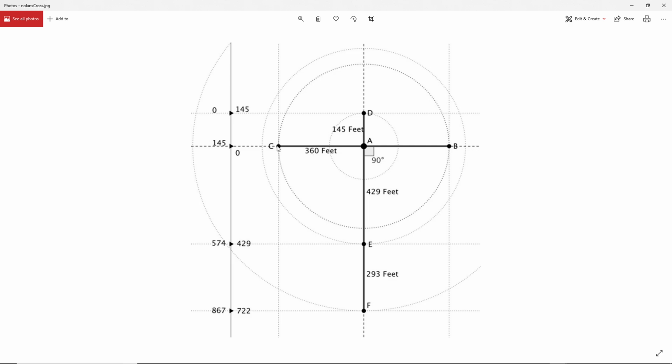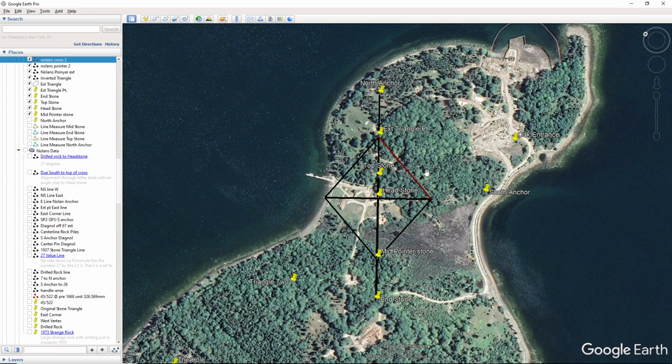Okay, Nolan's cross from one side to the center is 360 feet. So the total length of Nolan's cross is 720 on the crossbar. So we know this is 720 feet. Now I've got this out.